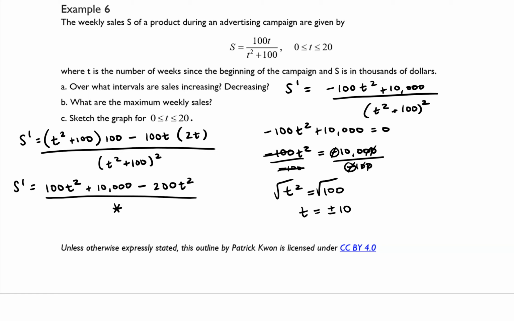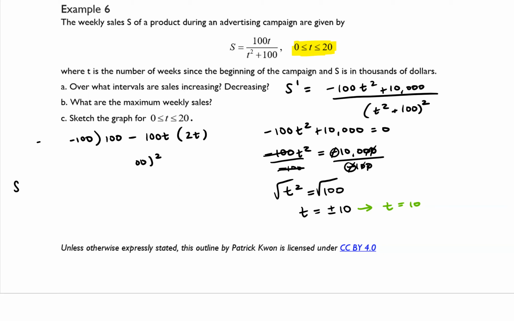Now, recall from our domain, the function is only defined when t is greater than or equal to 0 and less than or equal to 20. So really, we only want the positive value, t is equal to 10. So that is our critical value. So let's erase this here.